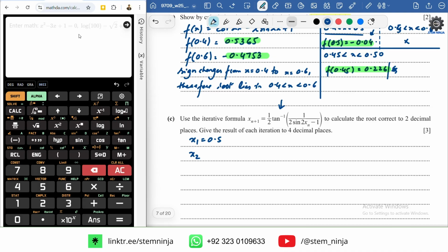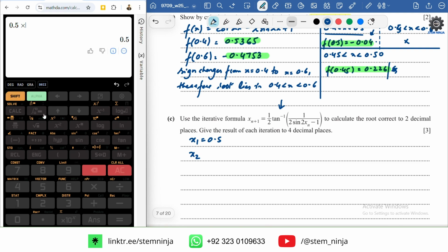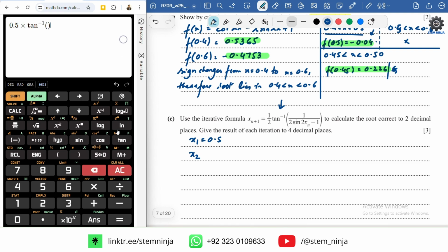So 0.5 times tan inverse of 1 divided by 2 sine 2x minus 1.